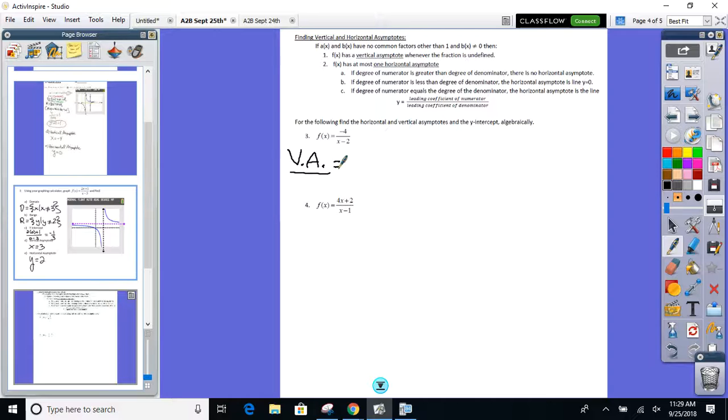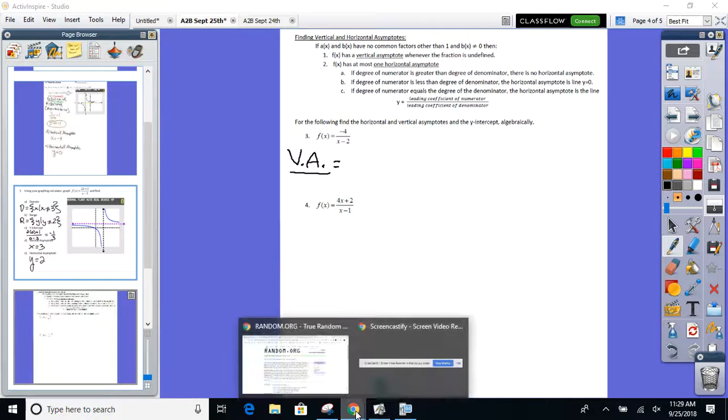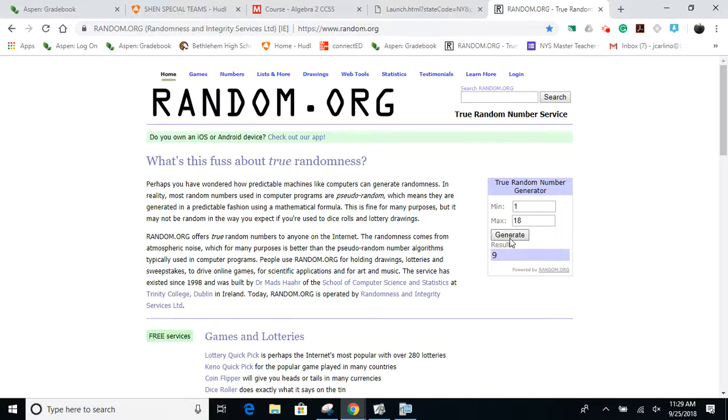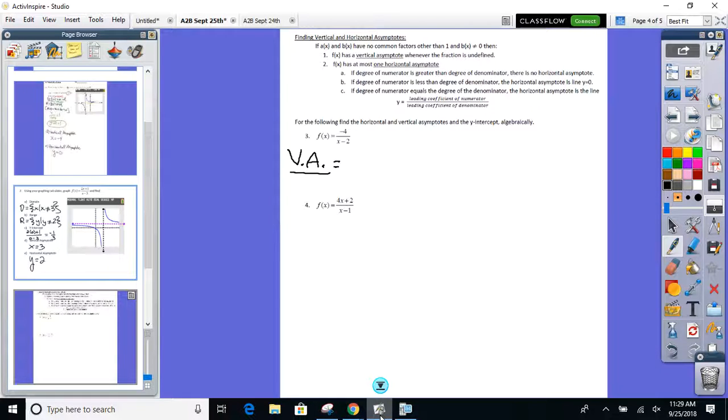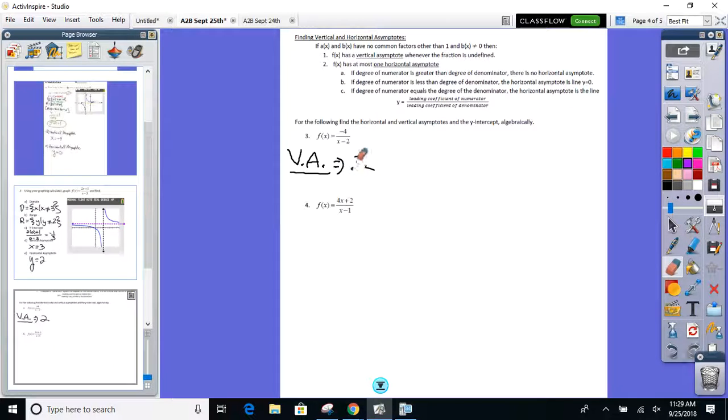So you tell me, where would this line go through based on how that fraction's written right now? 2. But make sure we write it correctly. Because if I write just 2, it's not going to fly with me. It's a line. It starts out with what? X or Y? X. So I need x equals 2 for your vertical asymptote. Not 2. That's not going to cut it. x equals 2.